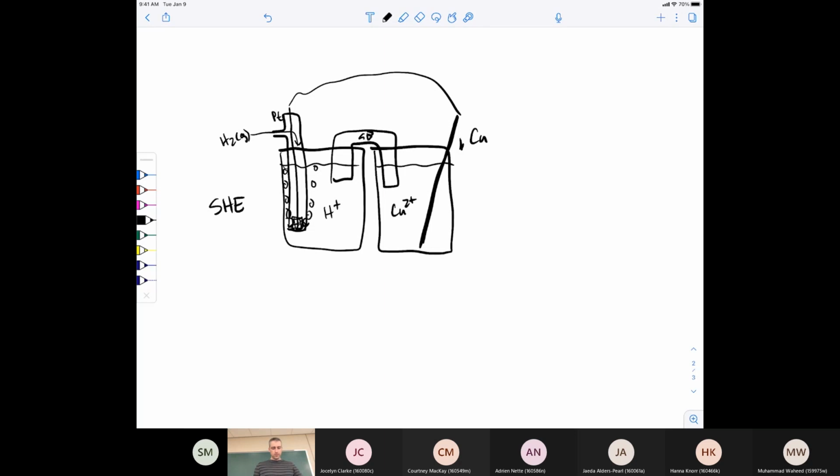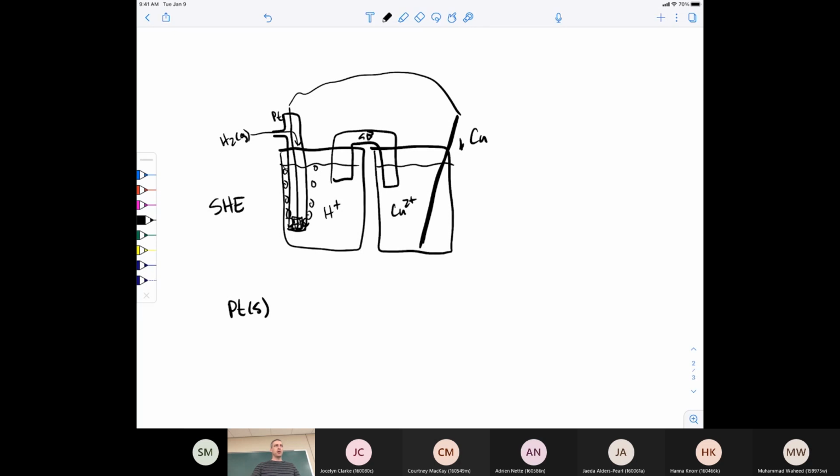If we're writing this one out, we again start on the left-hand side with the material the electrode is made from, which is platinum. This is an inert electrode. It doesn't participate in the reaction, except it provides surface area and a conductive material for electrons to move back and forth.